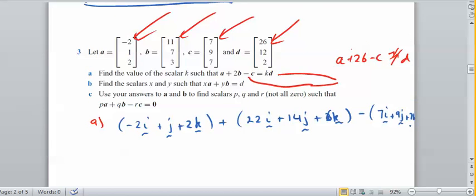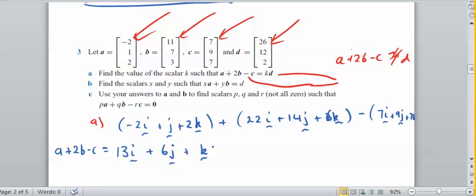Okay, so let's do that. Negative 2 plus 22 minus 7 is 13i. So a plus 2b minus c is equal to 13i. We've got 1 plus 14 minus 9, that's 6j. And 2 plus 6 minus 7 is 1, so plus k.